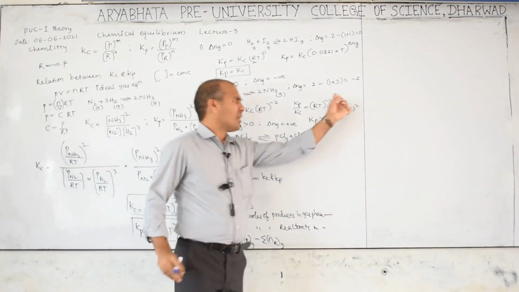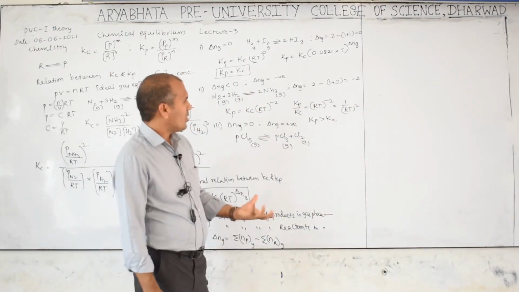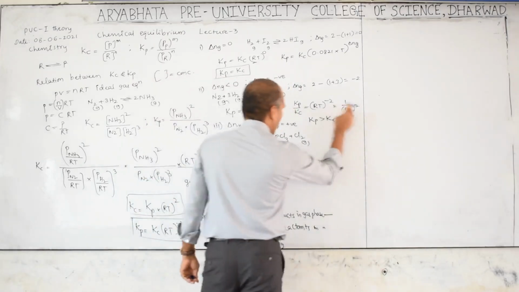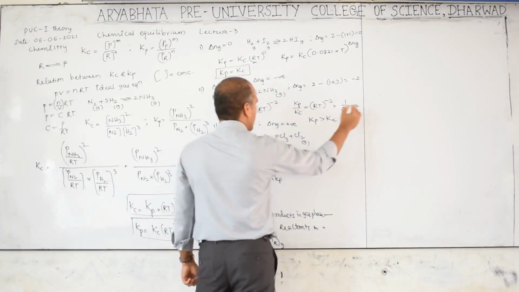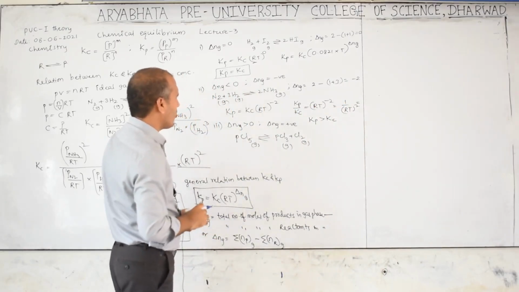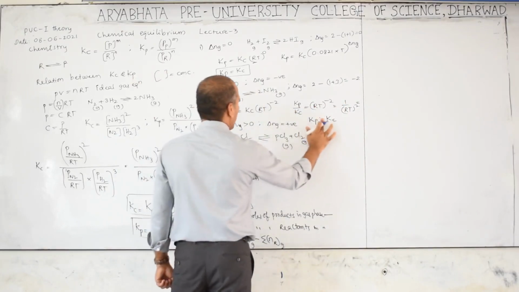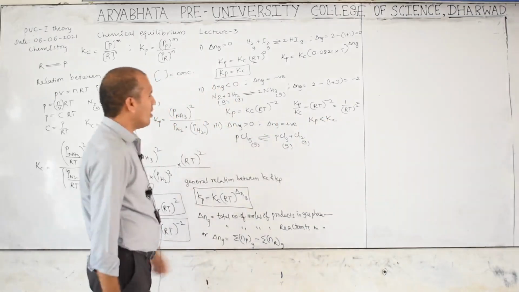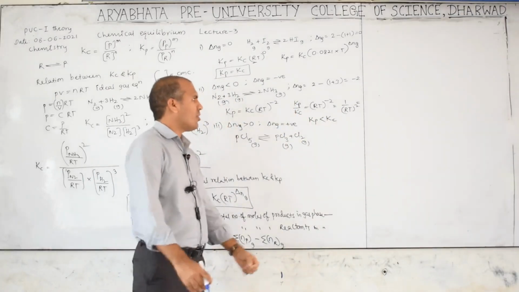So the right side is a positive value. When the denominator is a higher value and the numerator is smaller, you will get a smaller value.